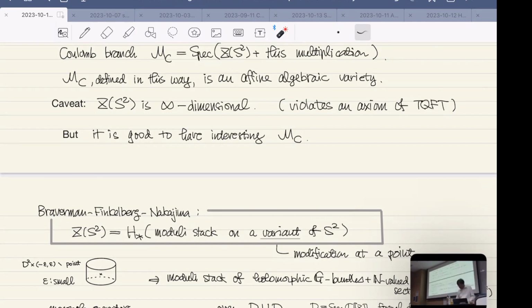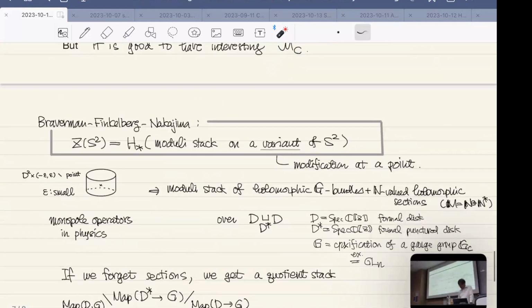And as I said, G of S2 should be the cohomology or homology of the moduli space on S2. But as I said, for technical reasons, I somehow need to replace S2 by its variant. In fact, this is closer to the original physical intuition, the definition as a ring of monopole operators.